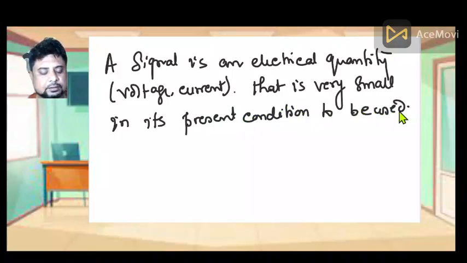You cannot use that signal in its present state. It is a very small value of current, very small value of voltage. That is not usable. The effect of that current or voltage is not something which can be considered. It is very small. So that is a signal.